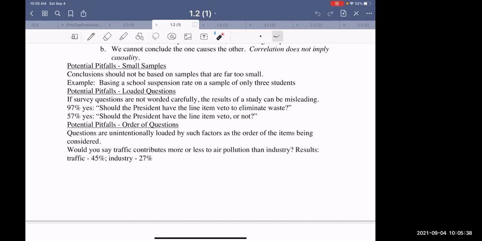Another survey came out a few days later where 57% said yes to the following question: Should the president have the line item veto or not? So the fact that they were saying to eliminate waste obviously biased the answer. This is a loaded question.